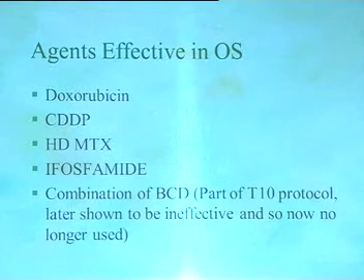So these are the agents which are effective in osteosarcoma: doxorubicin, cisplatin, high doses of methotrexate, ifosfamide and etoposide, and there was a combination earlier, BCD, which is bleomycin, cyclophosphamide, and dactinomycin. This was part of the T10 protocol, and this combination, the BCD, is no longer used by medical oncologists.